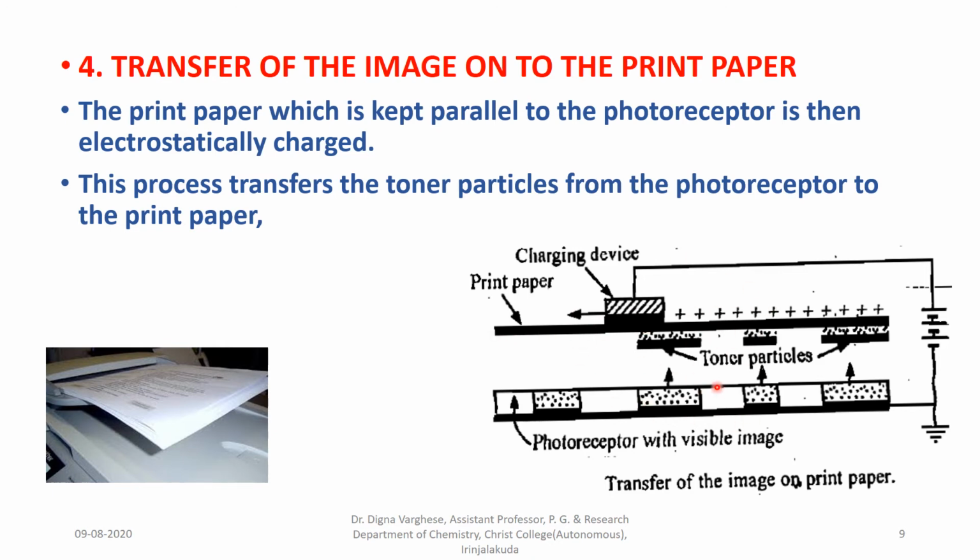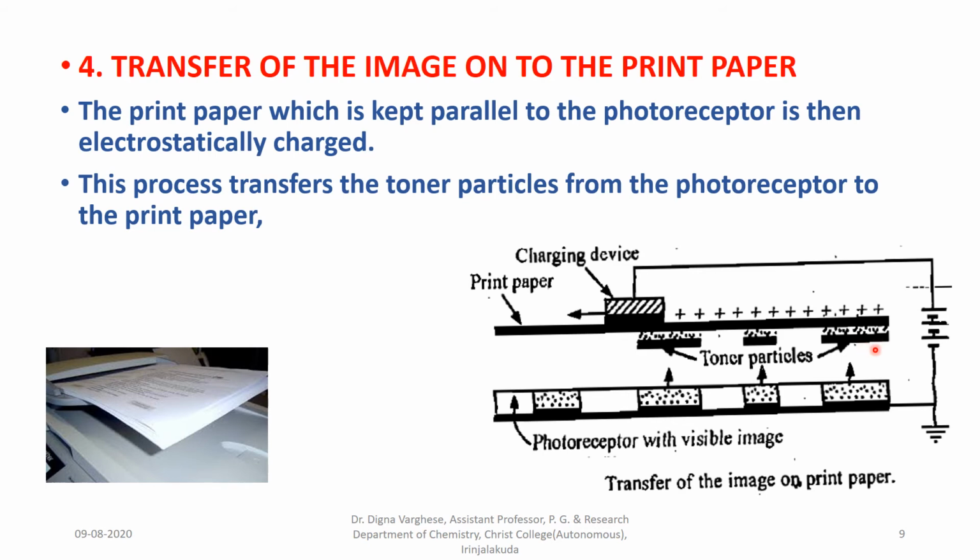This is done within seconds. When the document is copied, the aluminum drum with the selenium film is uniformly charged, and the document contains light and dark regions. Allowing the charging device over it forms a latent image containing charged patterns and uncharged regions.